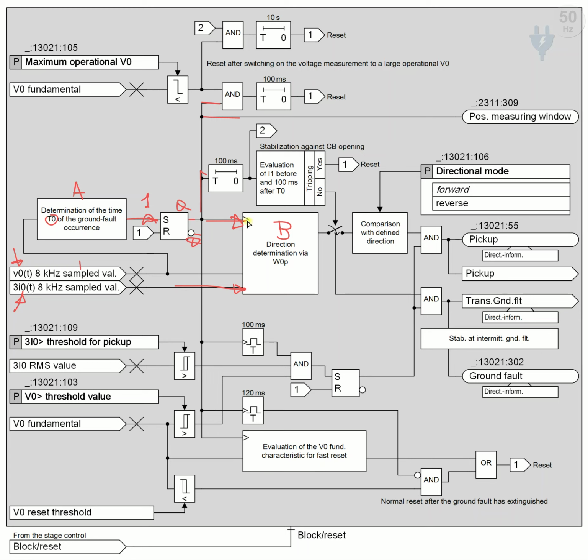It has the voltage input and the current input, meaning zero sequence voltage input and zero sequence current input. Now it should determine the direction of the fault which happened. Let's discuss how this block works.